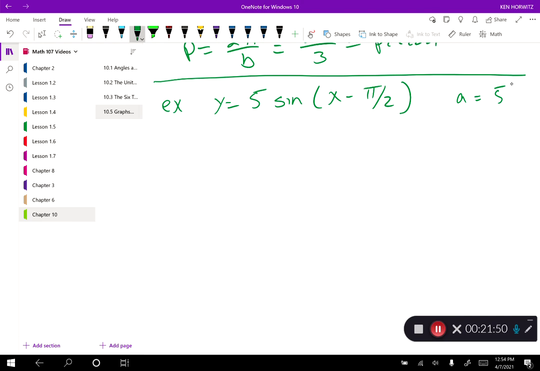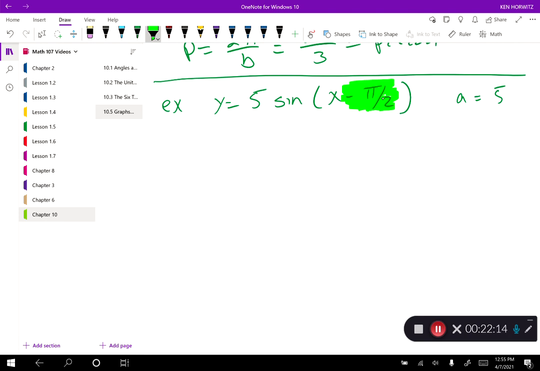However, we now have something new here. We have a parentheses with minus pi over 2. This right here. This is new. We haven't done one like this in this video just yet. And what is that going to do? From our knowledge of transformations, that is going to shift our graph pi over 2 units.